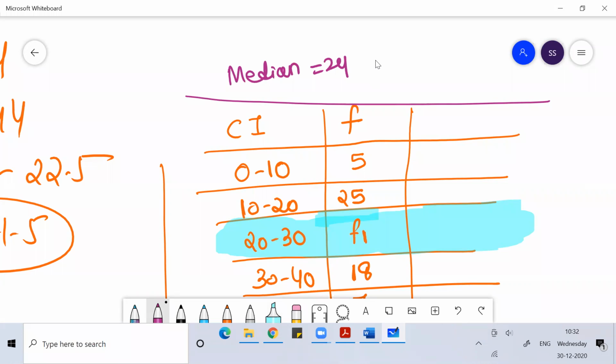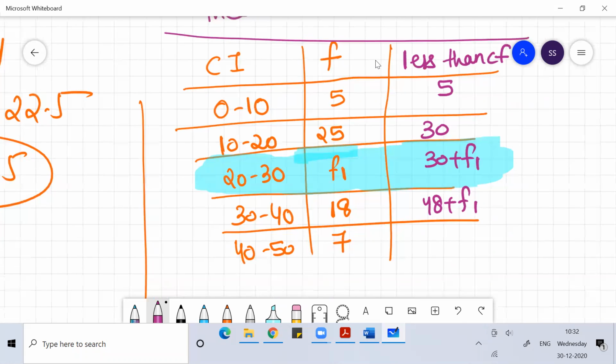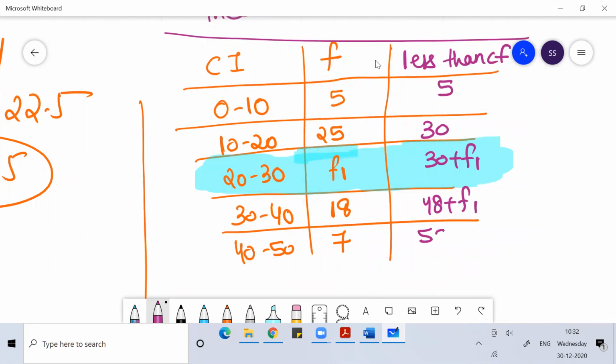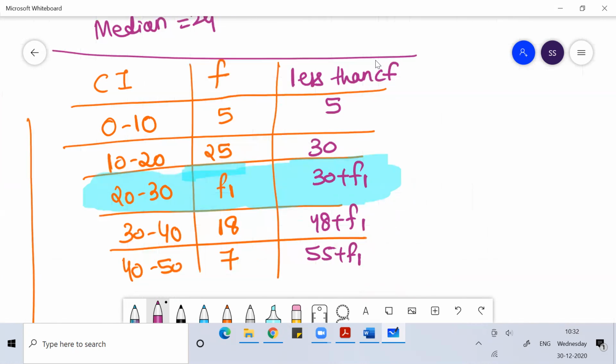Okay, everyone. So here if I write less than cumulative frequency, this would be 5, 25 plus 5, 30, 30 plus F1, and then 48 plus F1, and then 55 plus F1. Here in this problem, it is given that the median is 24.